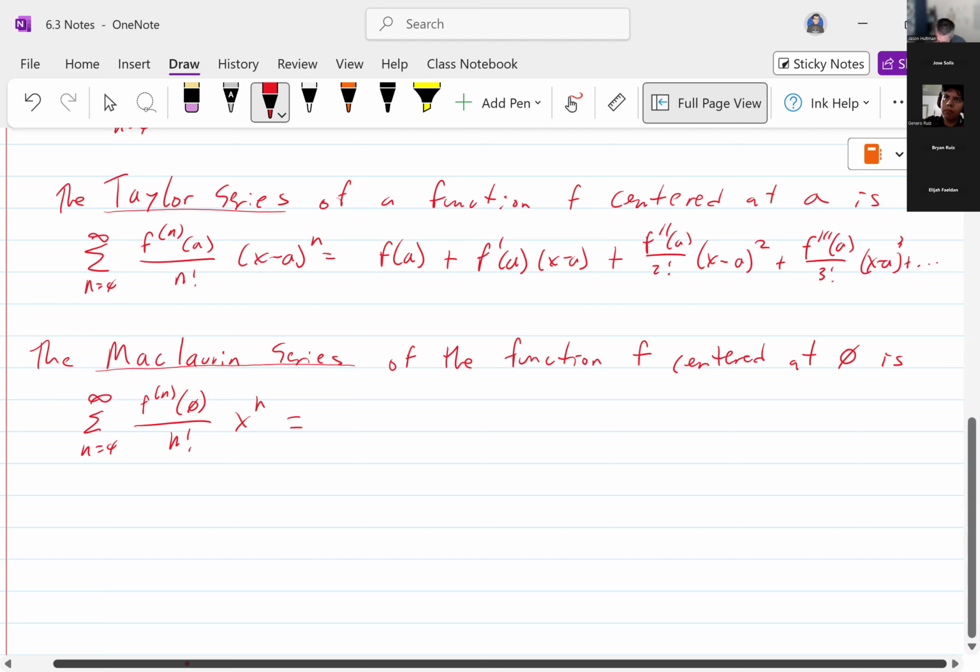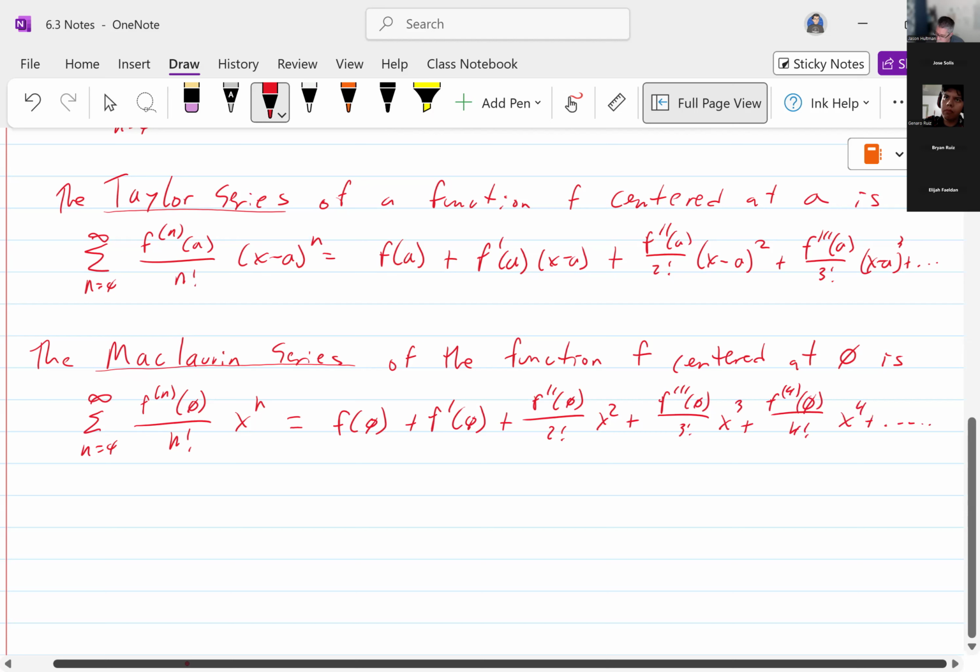Okay, so this is equal to f evaluated at 0 plus f prime evaluated at 0 times x plus f double prime evaluated at 0 over 2 factorial times x squared plus f triple prime evaluated at 0 over 3 factorial times x cubed plus the fourth derivative of f evaluated at 0 all over 4 factorial times x to the 4th power plus dot, dot, dot.